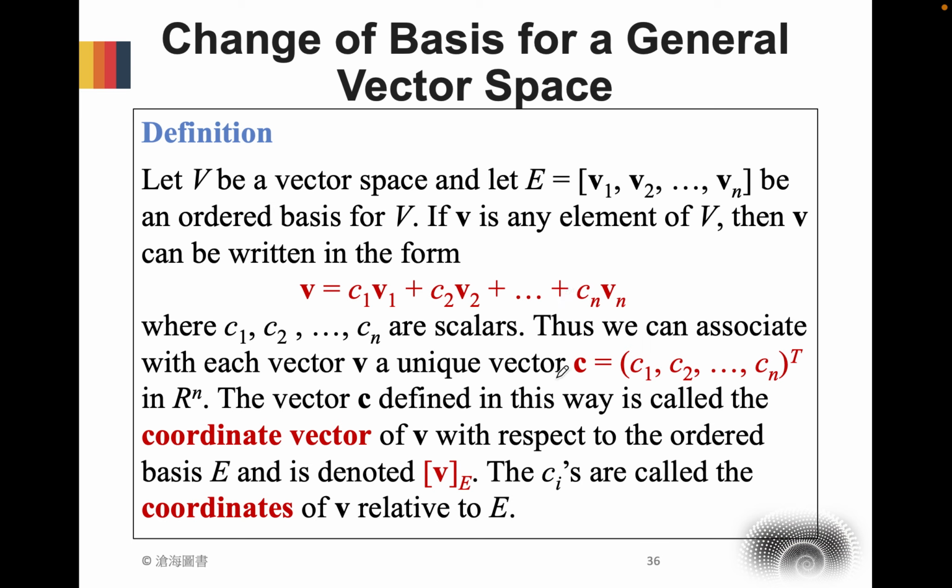We say that the vector C is the coordinate vector of the vector v with respect to the basis. The vector C defined in this way is called the coordinate vector of v with respect to the ordered basis, and is denoted as v with subscript E in this textbook. The entries of C are called the coordinates of v relative to E or with respect to E.